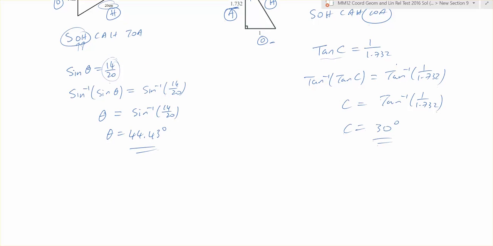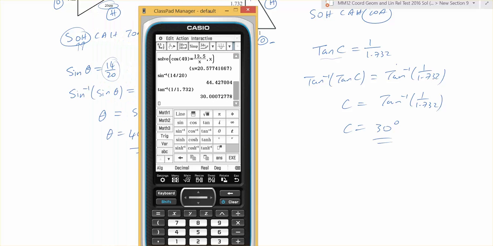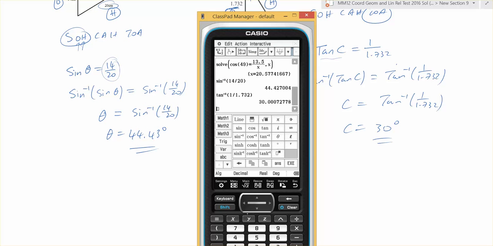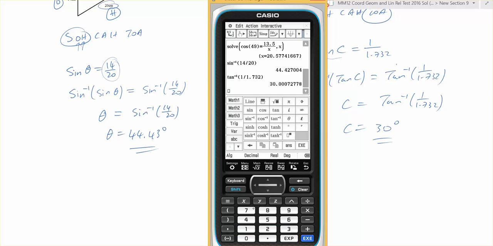Now, if you don't know how to do it, there is another method you can use. So I'll go back to the first triangle. The original equation was sine of theta. So instead of theta, I'll just put in x for convenience. Sine of x equals 14 divided by 20.